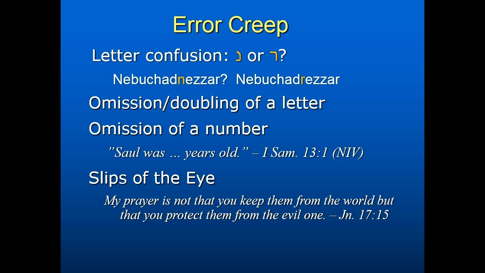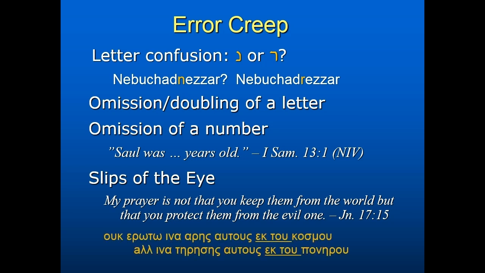But if we look at the Greek text, the phrase ek tu, from, appears twice, with the second just below the first. Blink at the wrong moment, and your eye slips down a line. Then you wind up writing, "My prayer is not that you take them from the evil one." Oops. But in fact it is remarkable how very few such errors are.